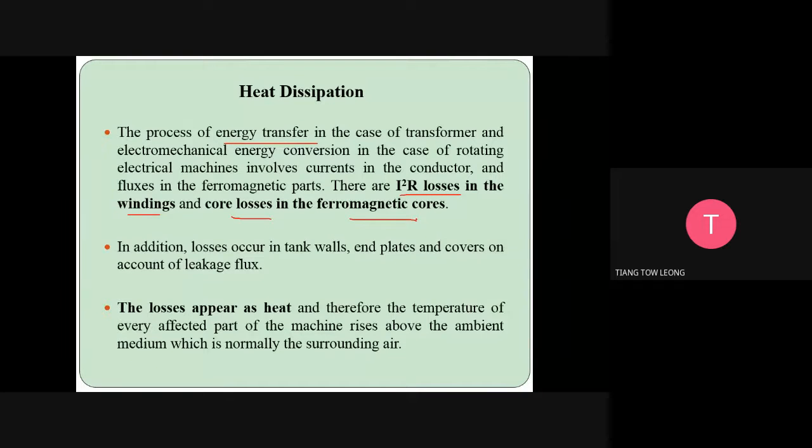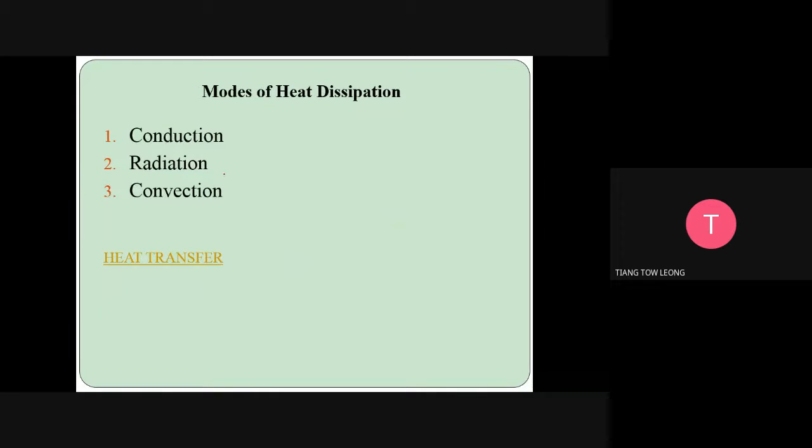In addition, losses occur in the tank wall, end plate, and cover on account of leakage flux. The losses appear as heat, and therefore the temperature of every part of the machine rises above the ambient medium, which is normally the surrounding air. So we have modes: one is conduction, one is radiation, one is convection.